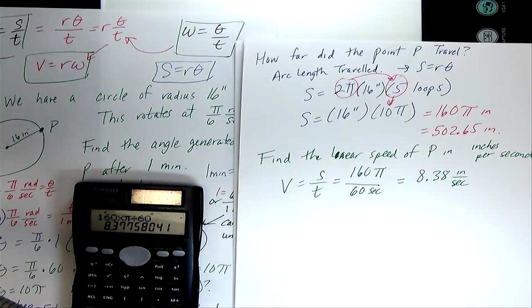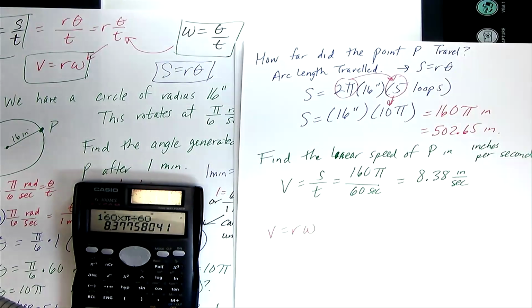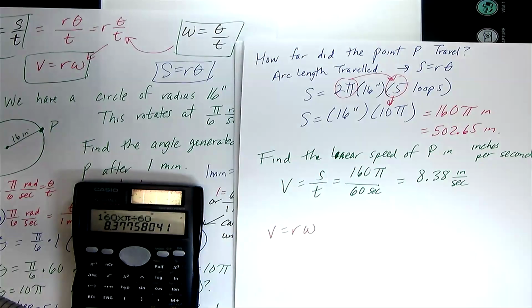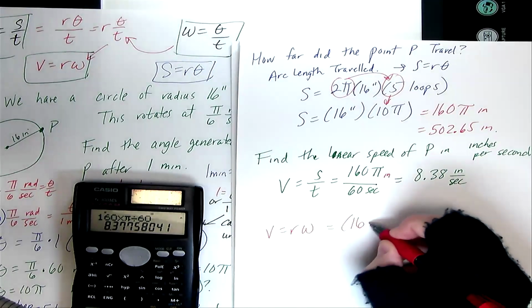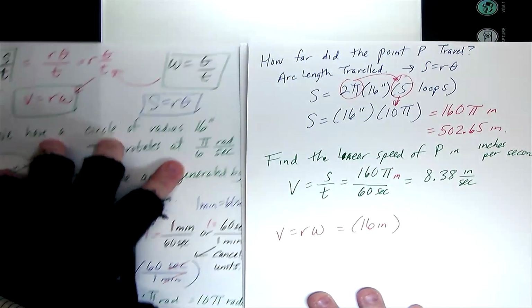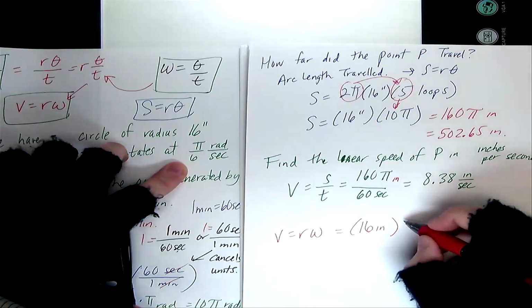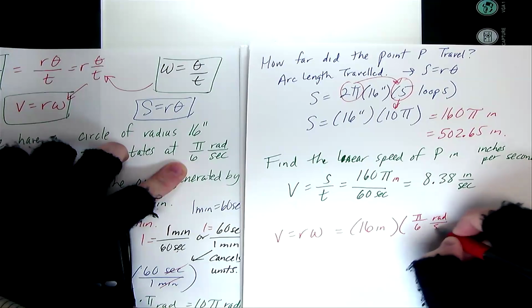What if you had wanted to use V equals R omega? That was 16 inches. What was omega? Omega was pi over 6 radians per second.